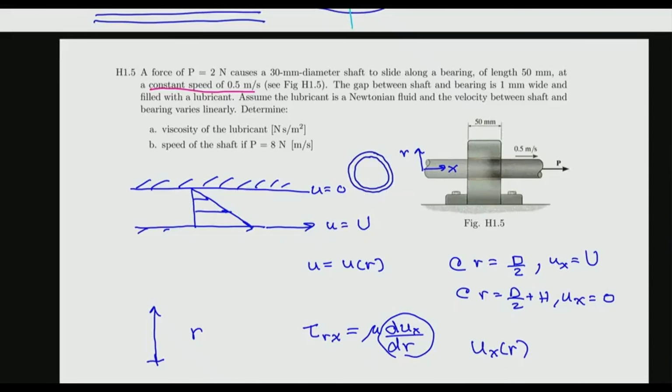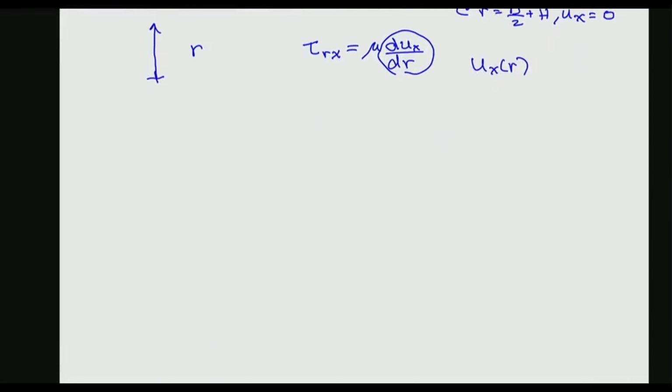So it's appropriate in your analysis to draw a free body diagram on your shaft. So there's an imposed constant force P, okay? And due to the lubricant, you're going to have a shear force, let's call it F tau, acting to the left. Was there a question?